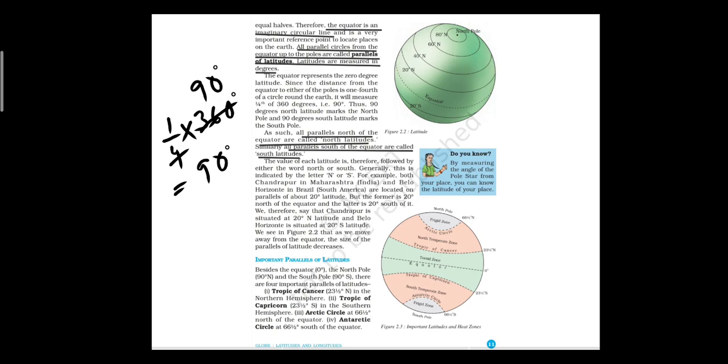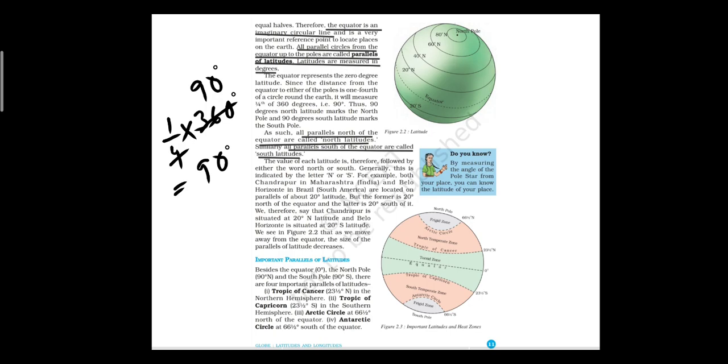Now all such parallels north of the equator are called north latitudes. Similarly, all parallels south of the equator are called south latitudes. So this is the reason why 90-degree north latitude marks the North Pole and 90-degree south latitude marks the South Pole.